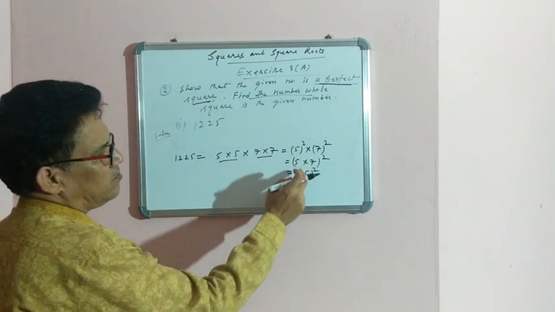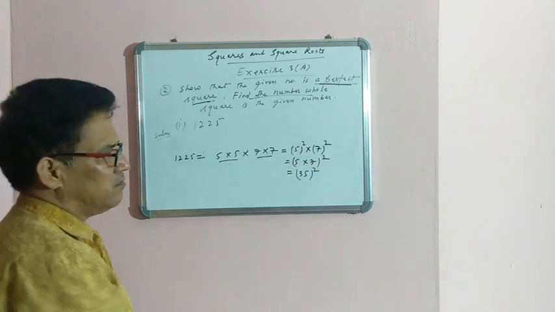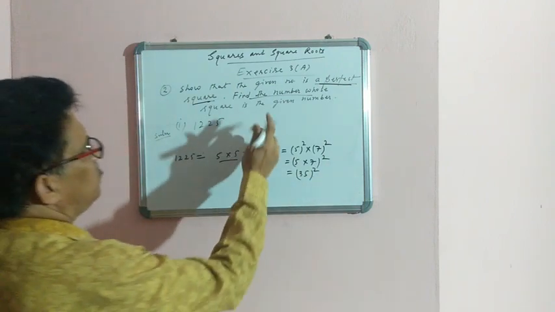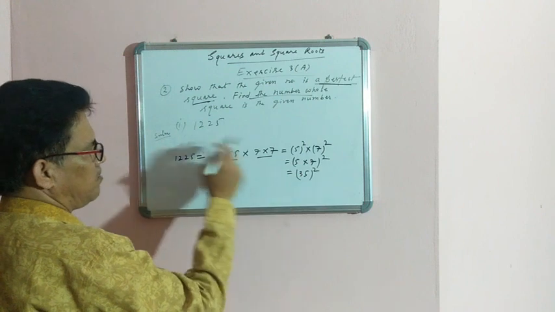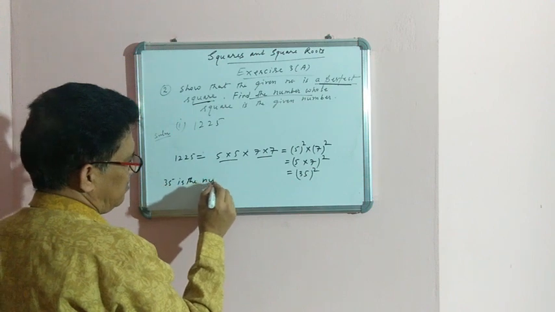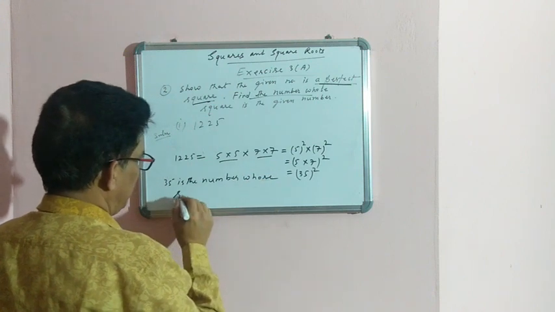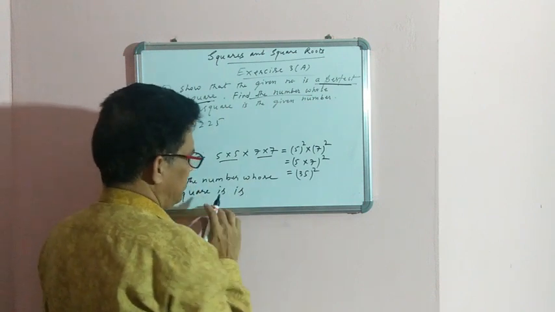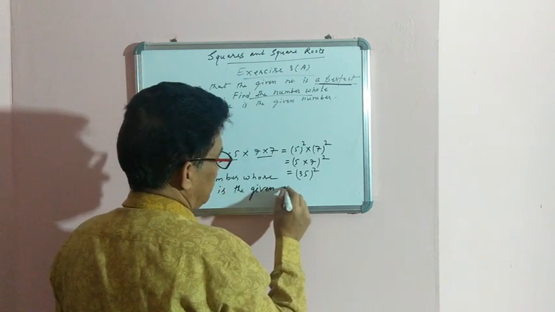You have studied this in the exponents chapter. Now what is the number whose square is the given number? 35 is the number whose square is 1225.